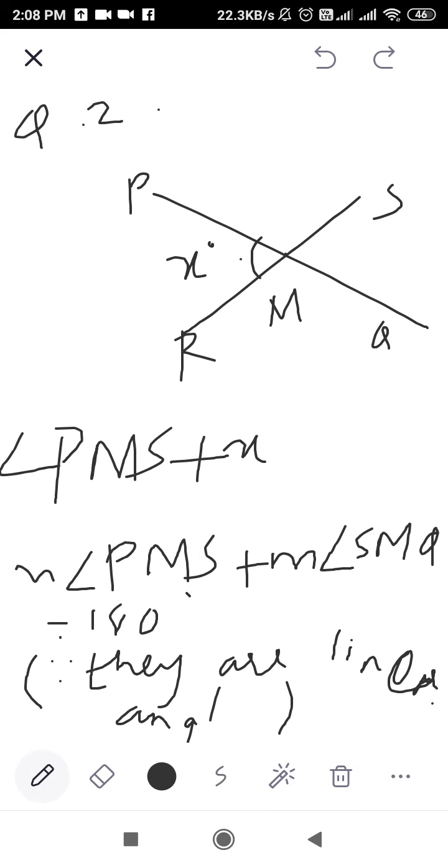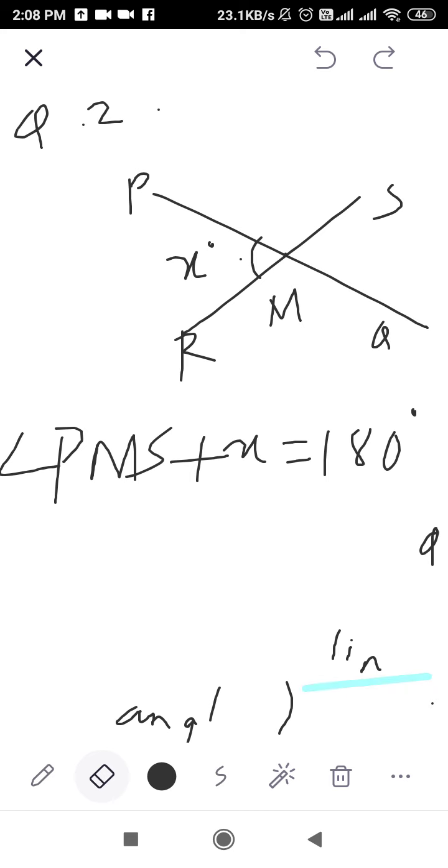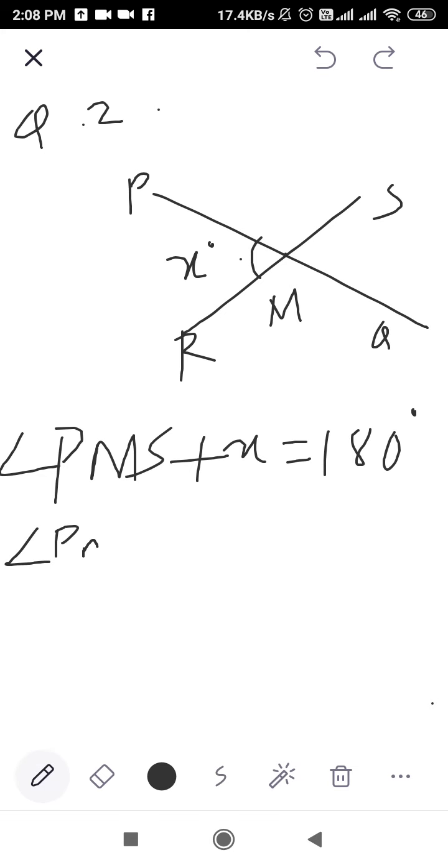So आप क्या करोगे? यहाँ पे वैल्यू ऑफ x सब्स्टिट्यूट करोगे. So PMS is equals to 180 minus x, right? Because अब x क्या करोगे? आप राइट साइड पे शिफ्ट करोगे. ये PMS की वैल्यू फाइंड करना है. So you will keep it as it is. And x को यहाँ पर आप राइट साइड पे शिफ्ट करोगे. So measure of angle PMS is equals to 180 degree minus x. Okay.